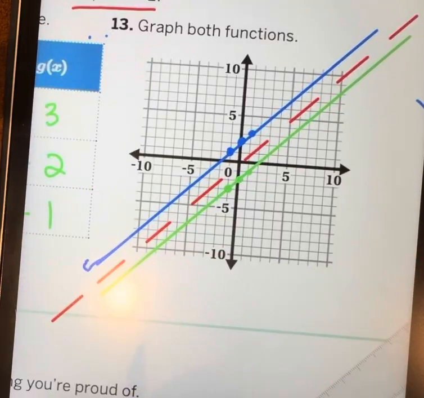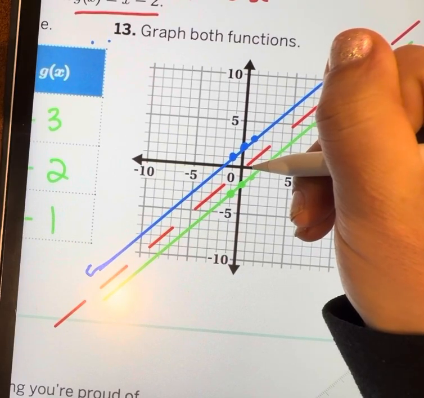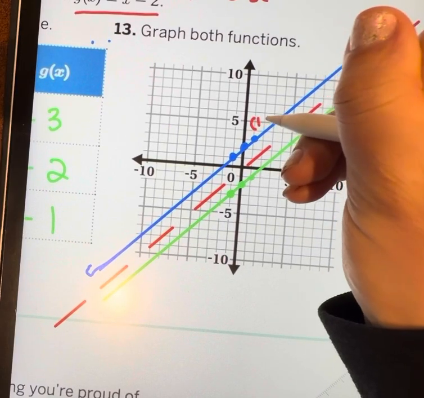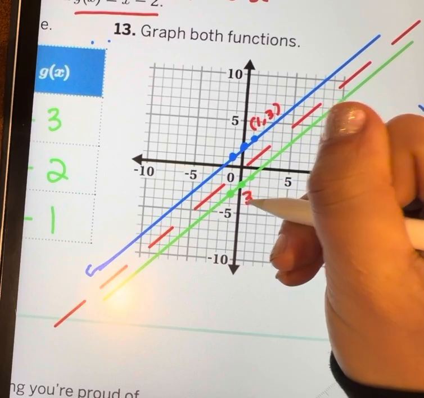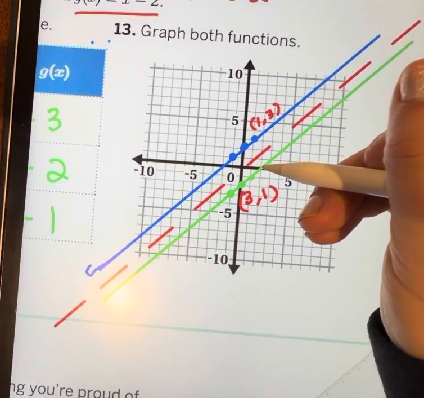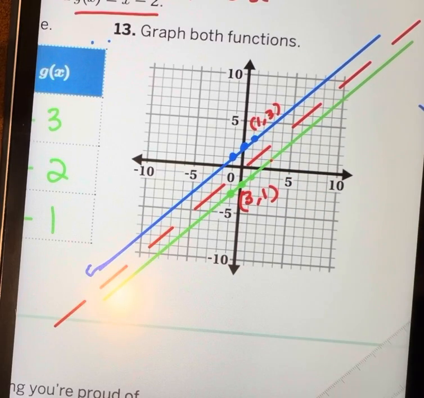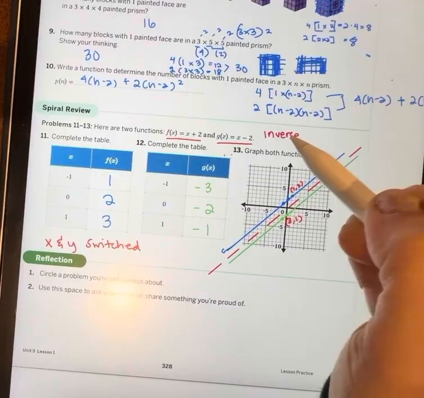So, for example, if this guy has a point on it that's 1, 3, then this guy has a point on it that's 3, 1. Just switch the x and y, and look, 1, 3 is a point on that graph. And every point would have that property going for it, okay?